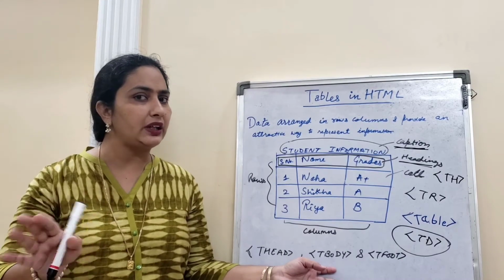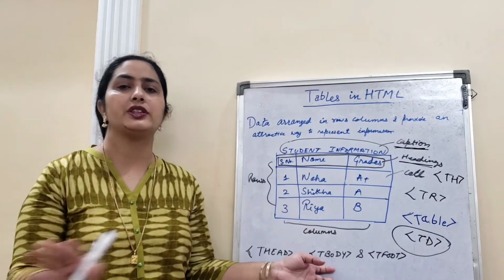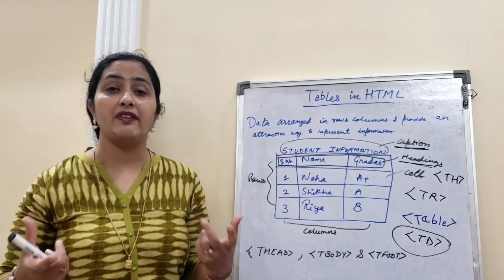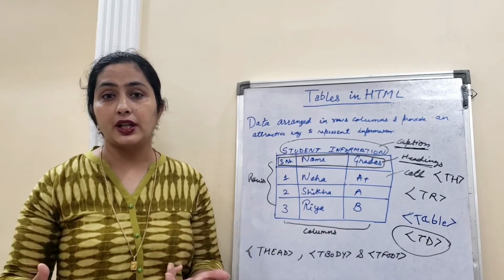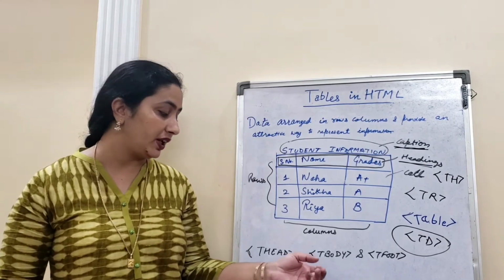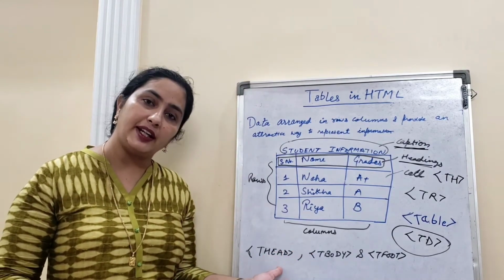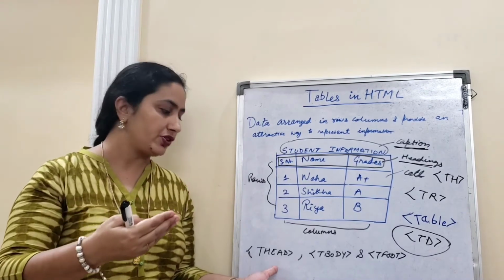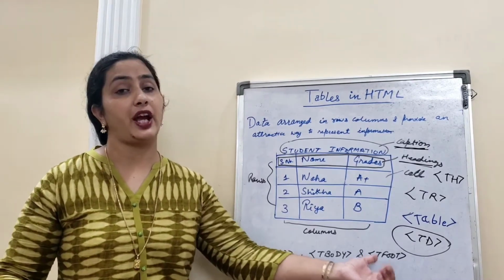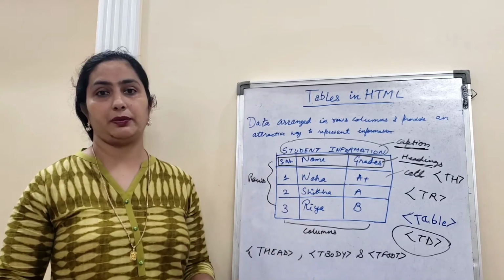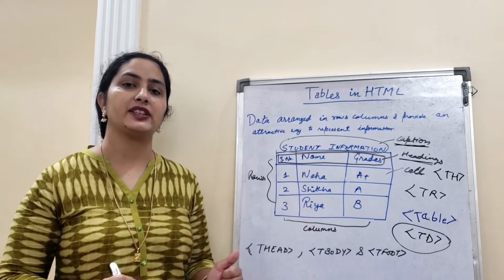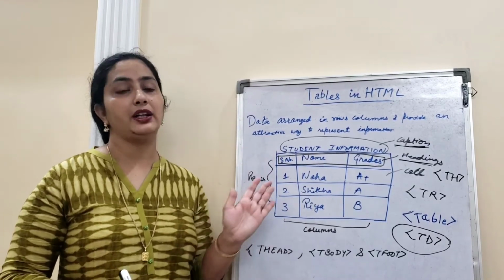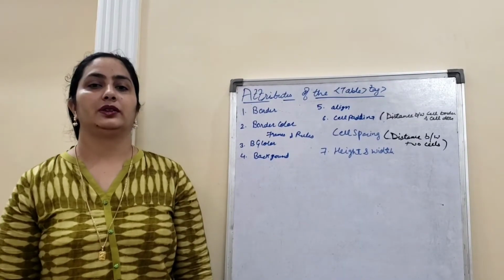That does not make any effect in your output, it is not going to affect anything. But yes, if the question comes that do you have any specific table body tag, then you can say yes, we have tbody. Similarly, for defining the heading, the way you define the head tag in a normal web page, you have thead, and the tfoot tag for defining the bottom of the table. So these are the additional tags which we have along with the different table tags.